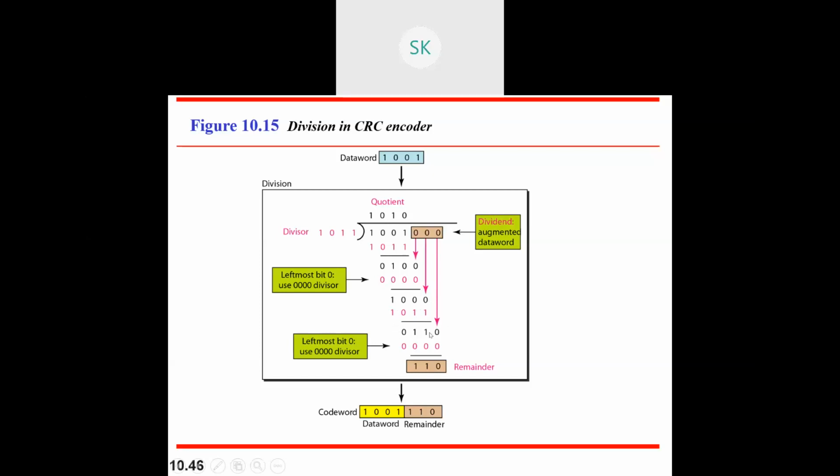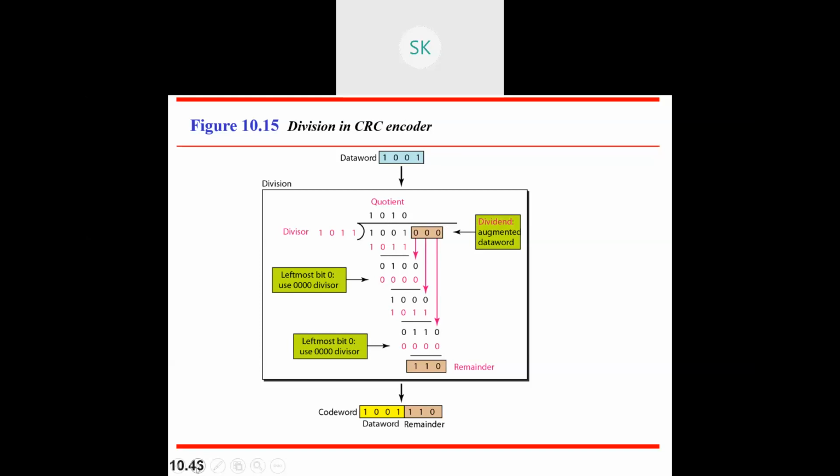So 0 is discarded and 0, 1, 1 is taken. Along with it, one more augment bit is available, that is 0. If you take it, then the answer you are getting is nothing but the remainder. This remainder needs to be attached along with the data word, and it needs to be sent to the unreliable transmitter. So this is nothing but your encoder part.